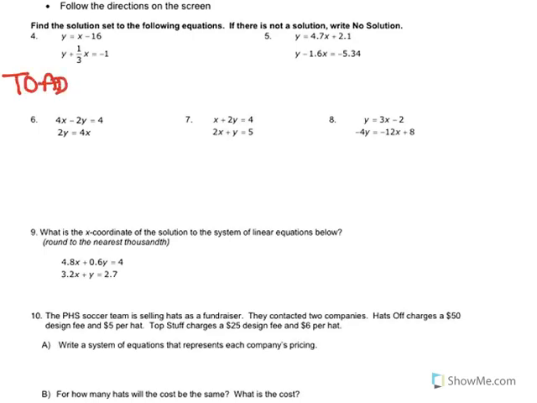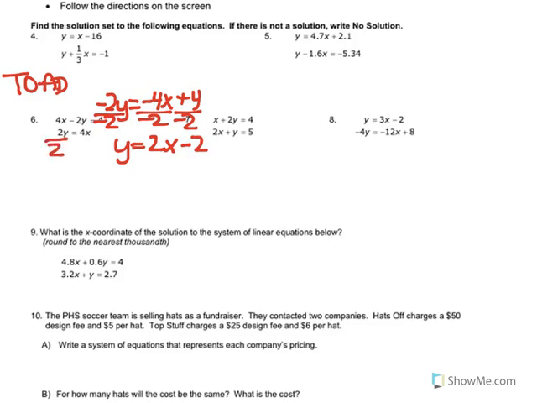So subtract 4x and we get negative 2y equals negative 4x plus 4. And then we divide by negative 2. And you get y equals 2x minus 2. The second one, we want to solve it for y, and we get y equals 2x.